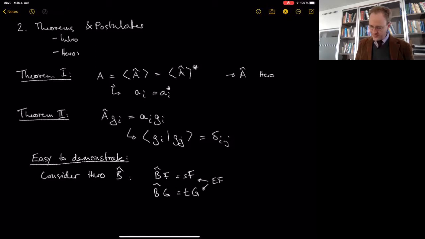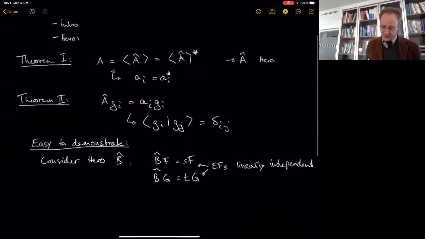These two eigenfunctions have to be linearly independent, of course, otherwise you would get just a multiple of each other's eigenvalues. So that would be considered a trivial case. So suppose these eigenfunctions are linearly independent, right?